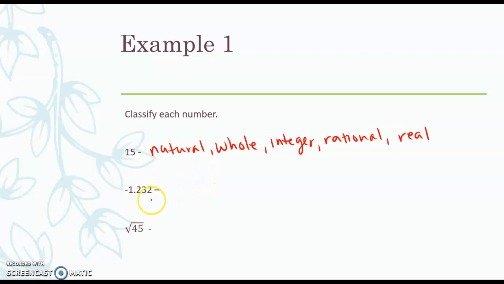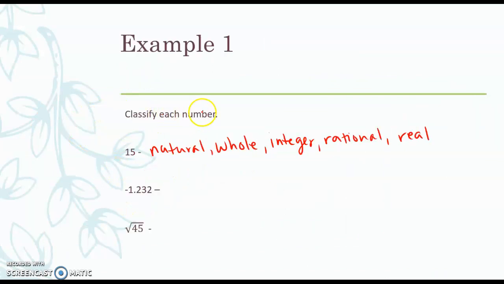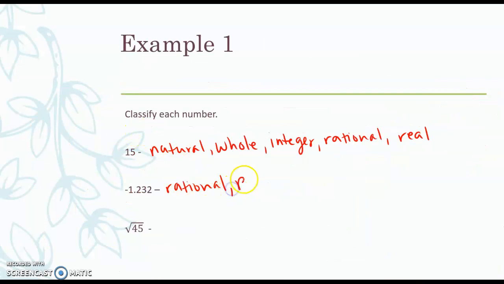So this to me is a terminating decimal. And terminating decimals fall under rational numbers. And so that means that our answer here is rational. And then starting at rational, the only other box is my real. So rational and real.